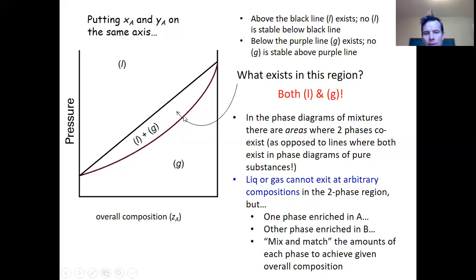I can never go outside of the region bound by these boundaries. But what you can get is a system where one phase is enriched in A, the other phase is enriched in B, and what you do is mix and match these things so that you get the right overall composition of the system.